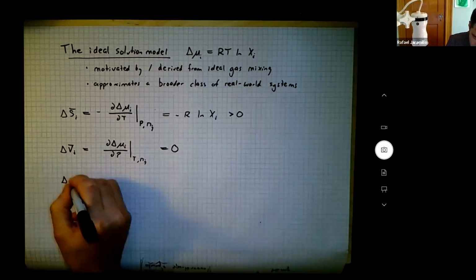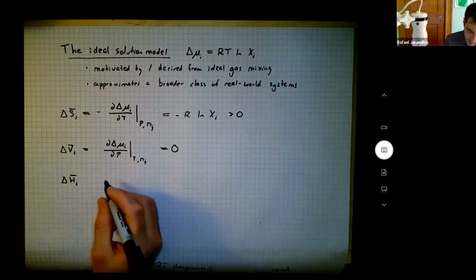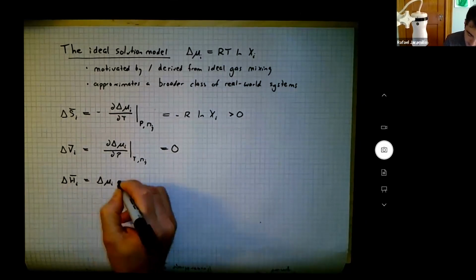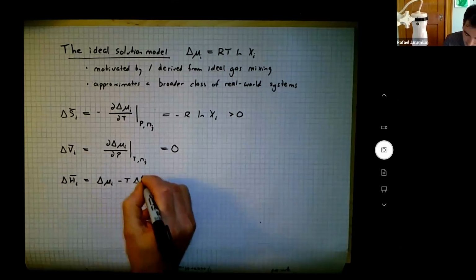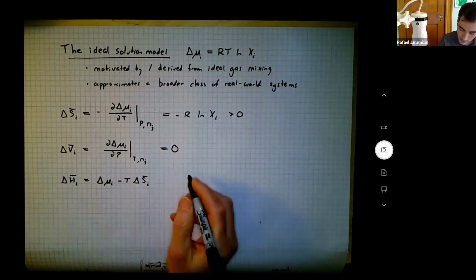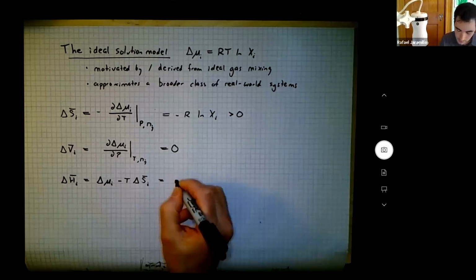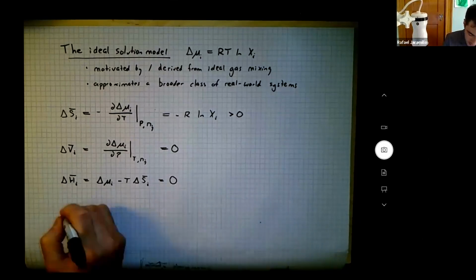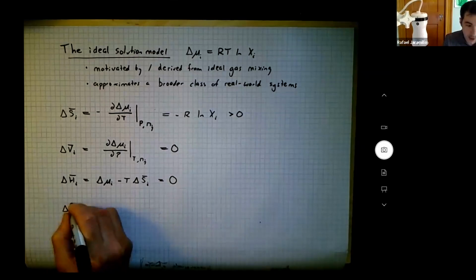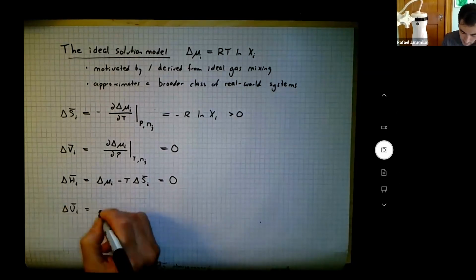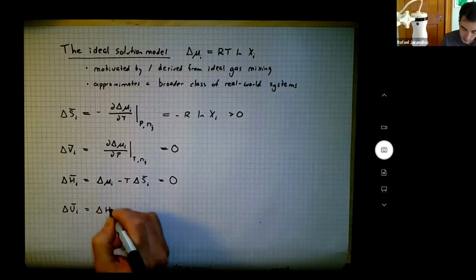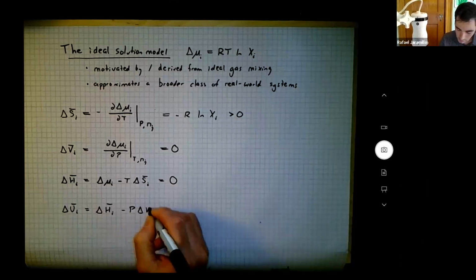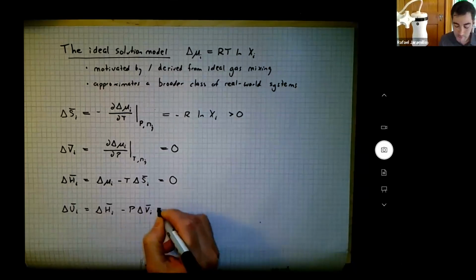What about the enthalpy of mixing? This is delta mu of I minus T delta S of I, going way back to the definition of our potentials. And if you write this out, you see that's 0. And likewise, the partial molar energy of mixing equals the partial molar enthalpy of mixing minus P and the partial molar volume of mixing, and that's also 0.